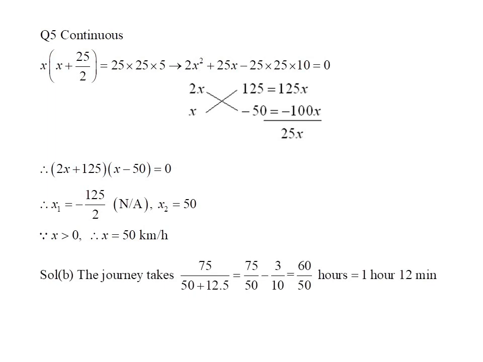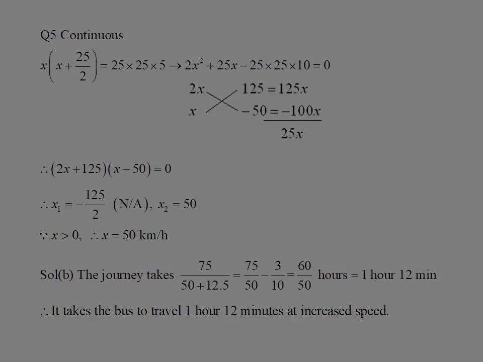As for question B, after increasing the speed by 12.5 km per hour, it takes the bus 75 over the sum of 50 and 12.5 hours, which is equivalent to 75 over 50 minus 3 over 10 hours, which is actually 1 hour and 12 minutes.